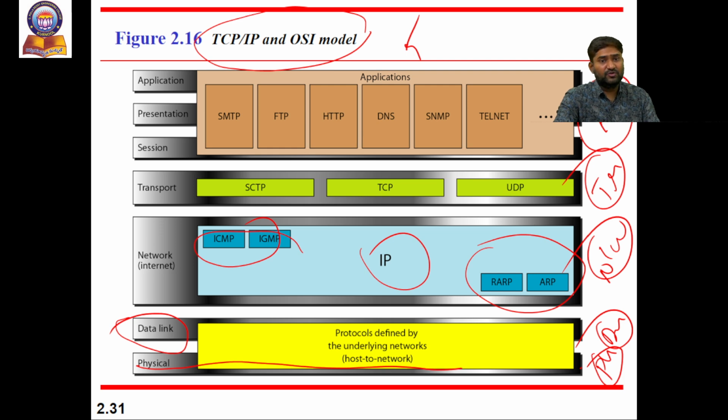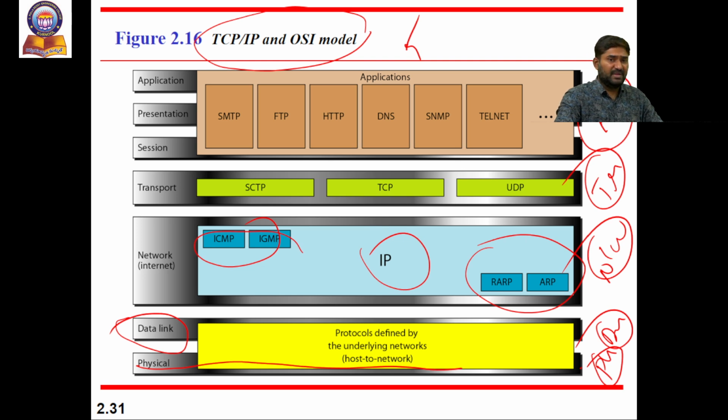And coming to the application layer, remember that the application layer is made up of 3 layers: session layer, presentation layer, and application layer, when I compare with the OSI model. It has some protocols like SMTP, FTP, HTTP, DNS, SNMP, and Telnet, and so on.